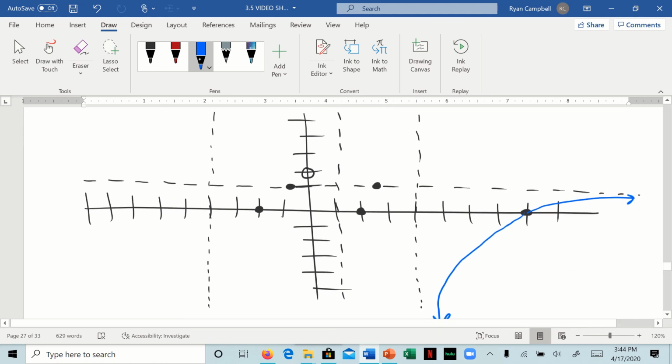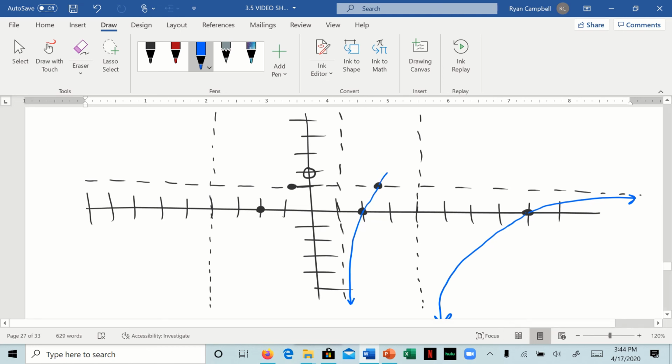Let's look at what's in between these two. So obviously, at this point, at the x-intercept, when it goes to the left, it's going to go down, and then it's going to connect. Now the question is, of course, does it connect and go up, or does it connect and go down? Well, we could do a checkpoint, but another thing we can do is kind of use some common sense.